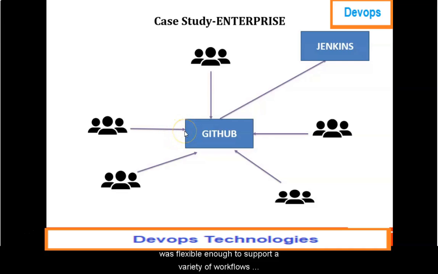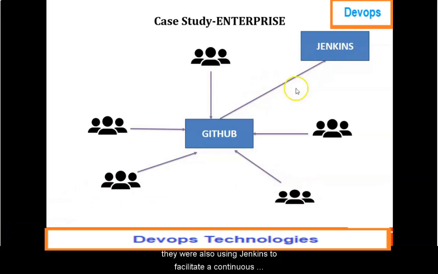They needed a platform that was flexible enough to support a variety of workflows and that would provide all the enterprise developers around the world with a secure place to share code and work together. For that, they adopted GitHub as the platform. The reason for choosing GitHub is that all the developers across the enterprise were already using github.com.